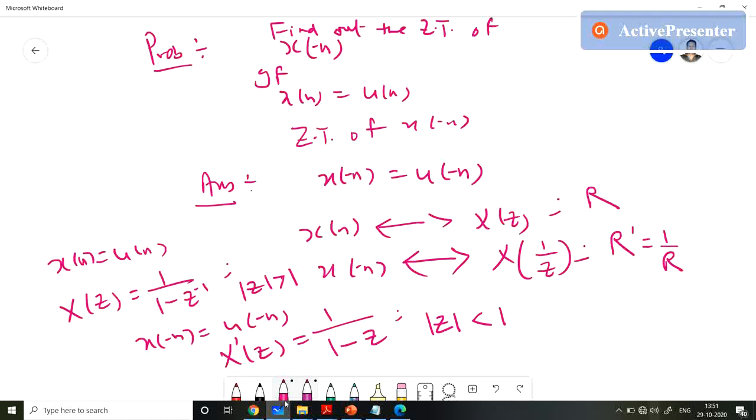Now when we have the time reversal, the z transform is 1 divided by 1 minus z, and the ROC will get inverted. So it is modulus of z less than 1.